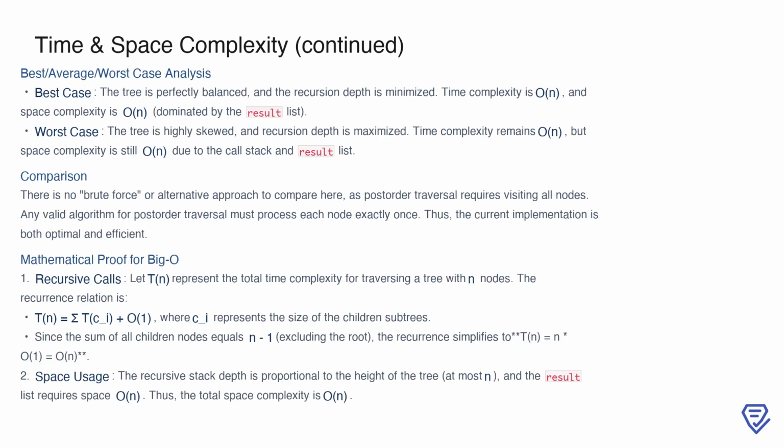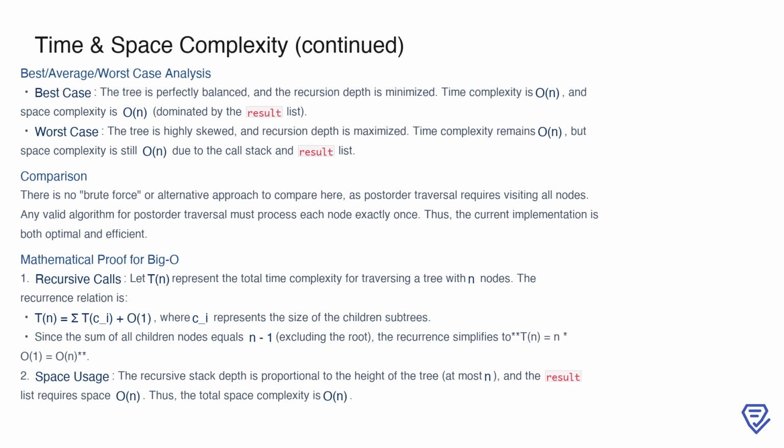In terms of best, average, and worst case analysis, the time complexity is consistently O(n), regardless of the tree's structure, because every node must be visited exactly once. For space complexity, the best case occurs when the tree is perfectly balanced, minimizing recursion depth to log n, but the result list still requires O(n), making the total space complexity O(n).